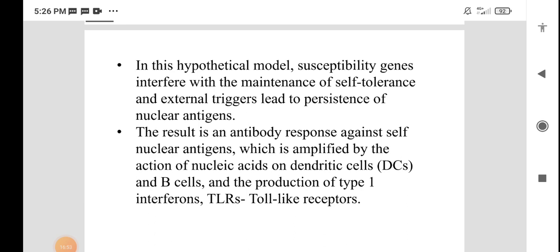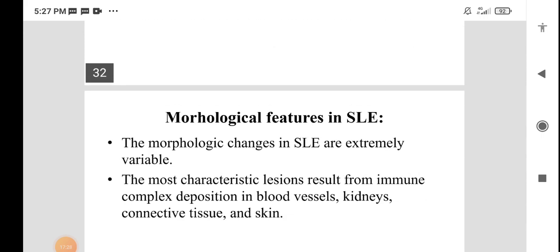The result is an antibody response against self-nuclear antigens, which is amplified by the action of nucleic acids on the dendritic cells and B cells, and the production of type 1 interferons, through the TLRs, toll-like receptors.